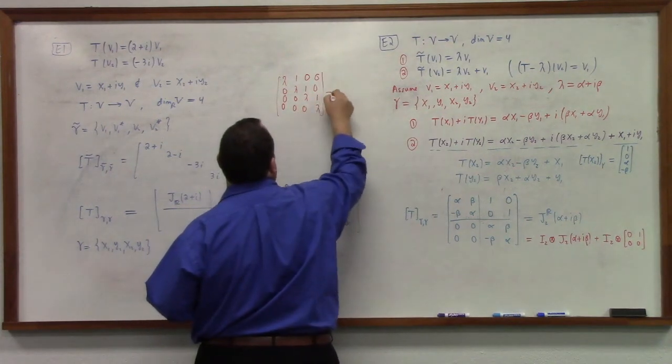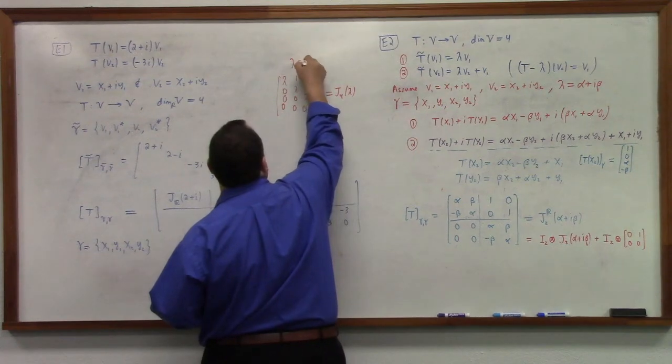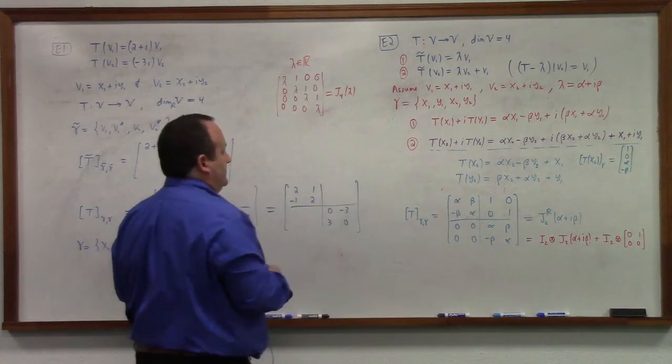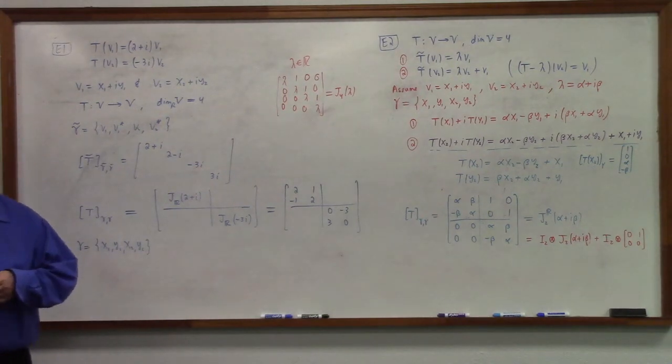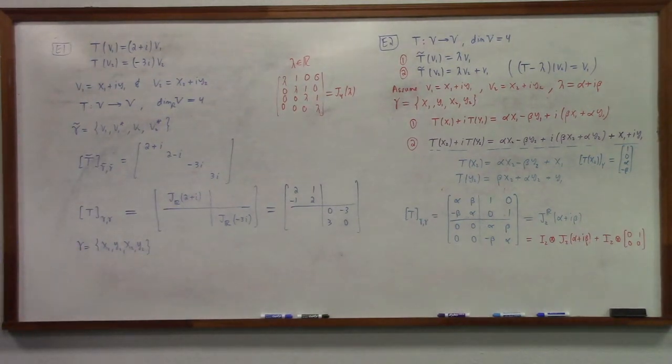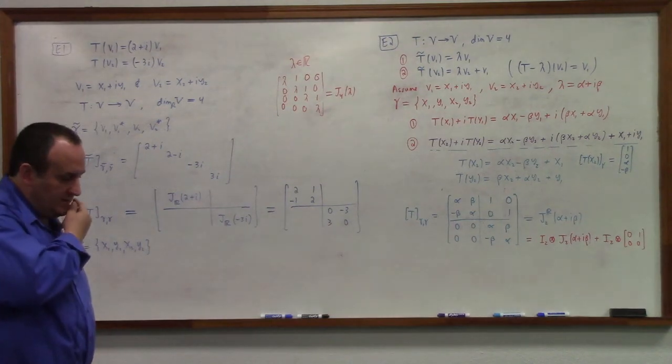That would be what I call J4 lambda, where lambda is real. That's just a plain old Jordan block. Okay, so it can have as many chains as it has roots in the characteristic equation.